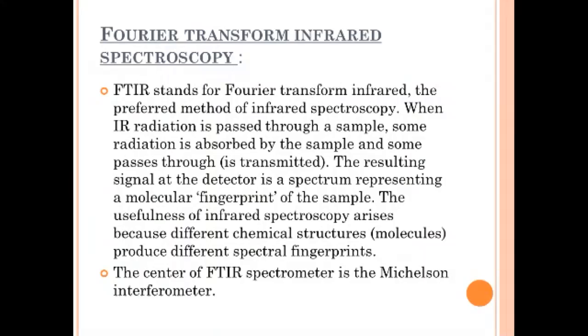When infrared radiation is passed through a sample, some radiation is absorbed by the sample, and some passing through is transmitted. The resulting signal at the detector is a spectrum, a molecular fingerprint of the sample. The usefulness of infrared spectroscopy arises because different chemical structures and molecules produce different spectral fingerprints. The center of an FTIR spectrometer is a Michelson interferometer.